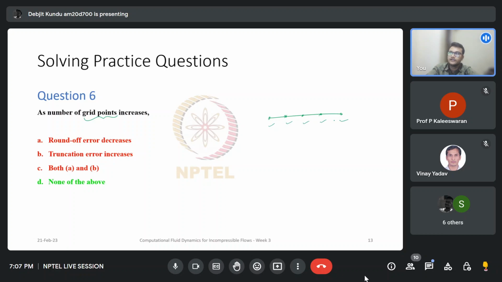If I double the grid, if I take 10 points instead of 5, then round-off error gets added. It's accrued at all the additional points as well. There is a theory which says that this round-off error is proportional to the number of grid points. So here n is the number of grid points.